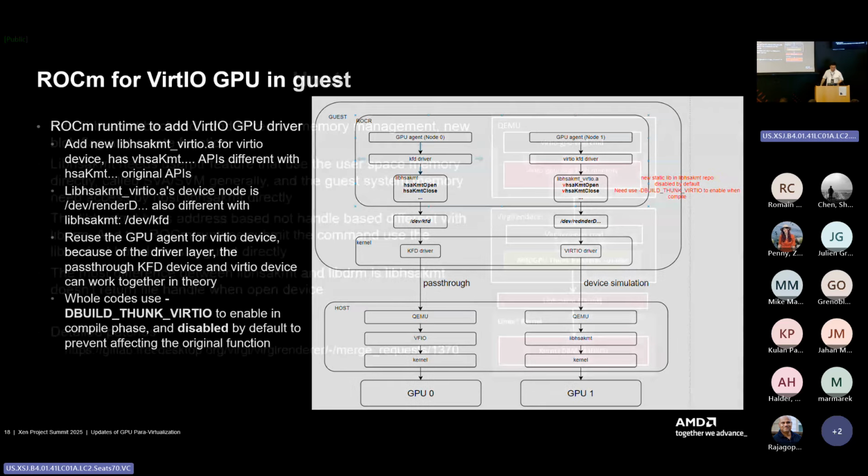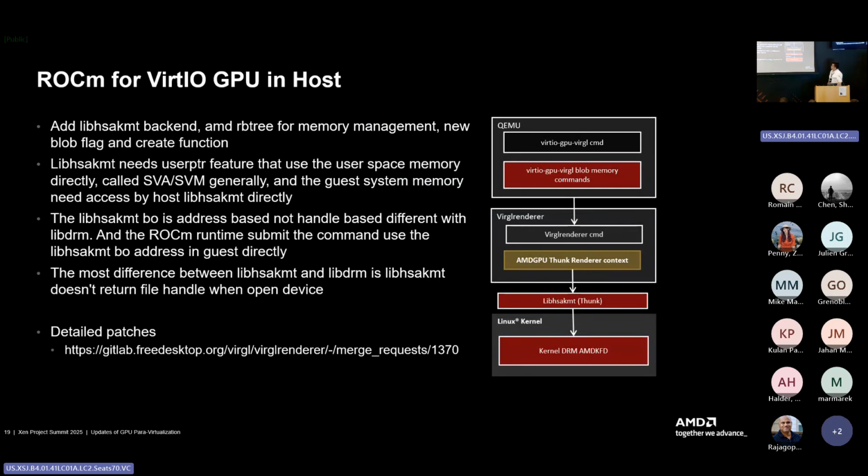Okay, this is the last picture. We are adding the host side to introduce the sunk render context. All the API forwarding in the guest should come from the host side, so we introduce the sunk render context inside of virtual render.